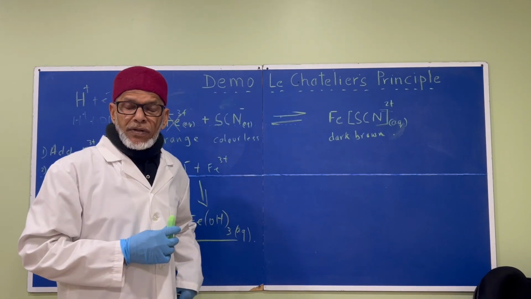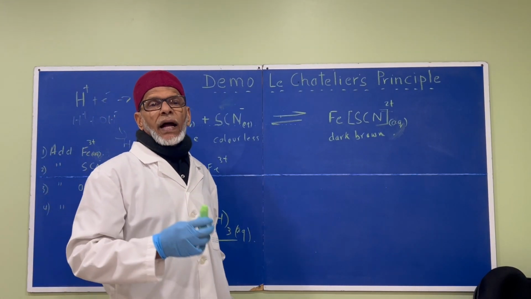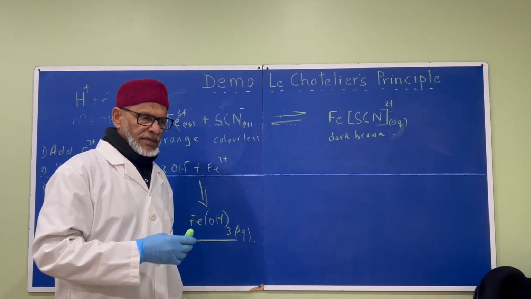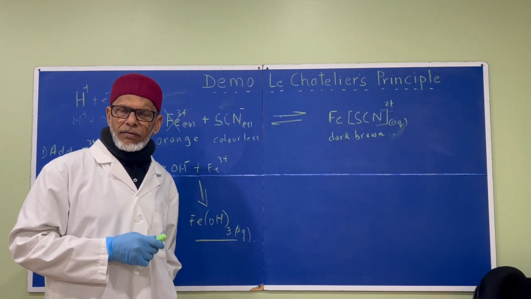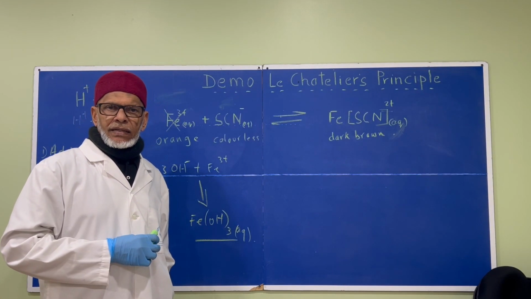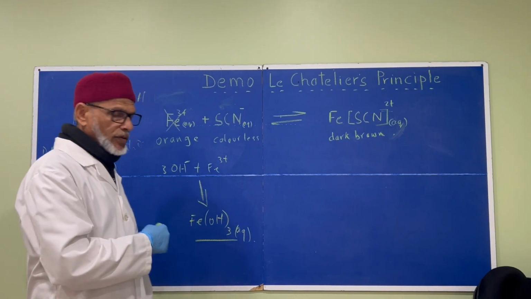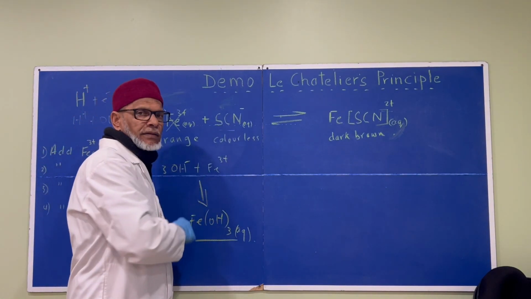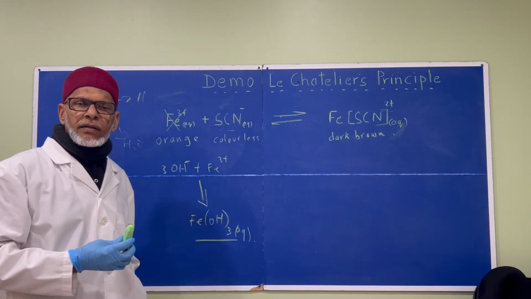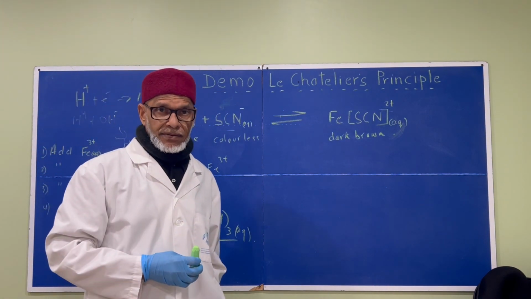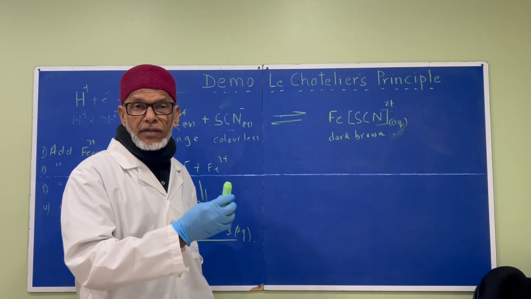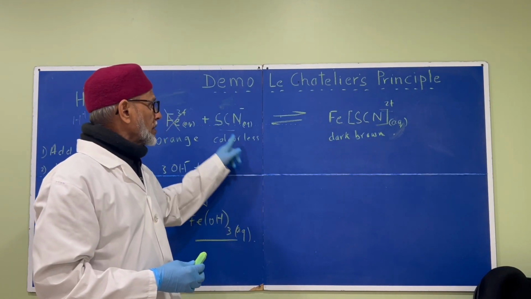In this fourth experiment, we'll be adding a solution of silver nitrate to another sample of the equilibrium mixture. In this case, like the one before, we will be removing this ion by allowing it to react with silver ions. The silver nitrate solution is providing the silver ions that will combine with this ion here.